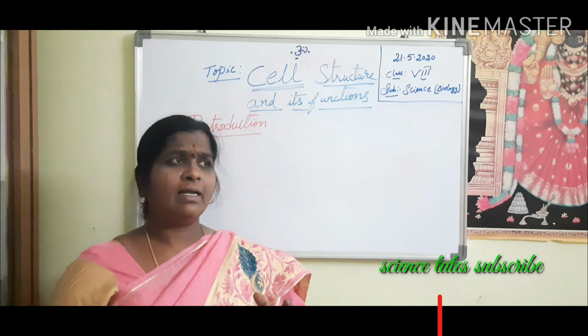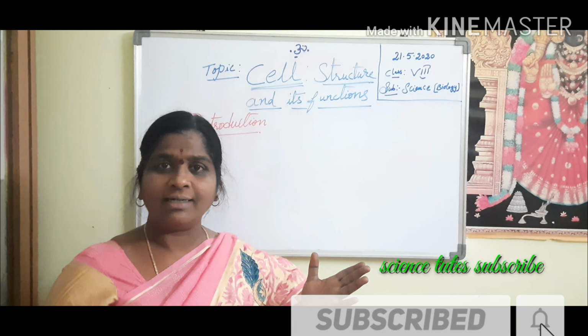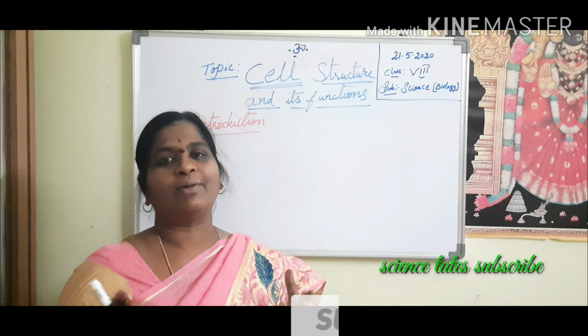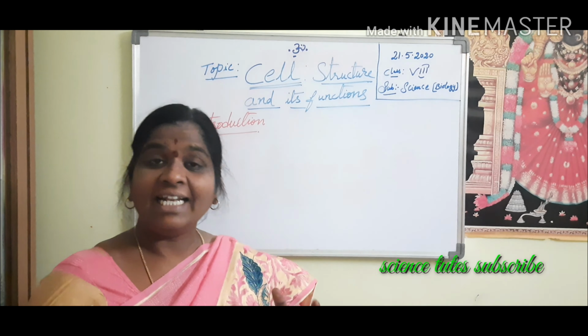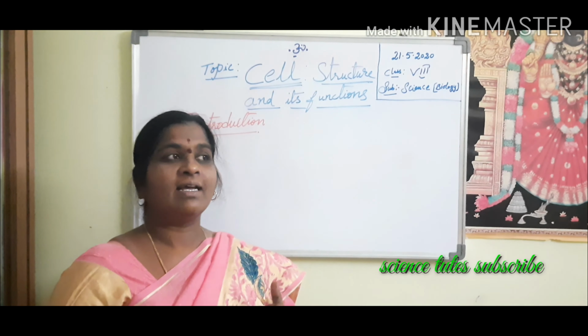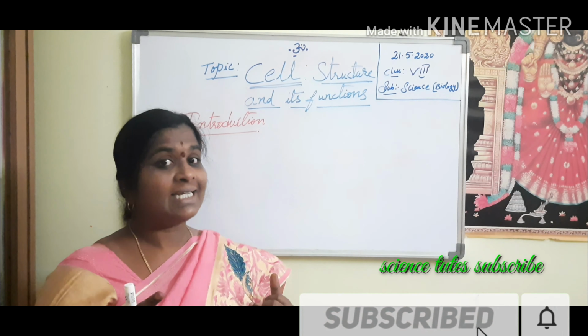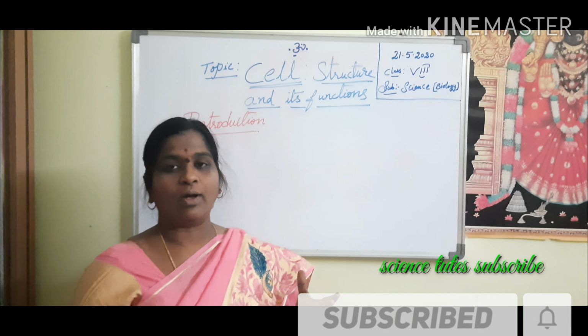See, we see millions of things around us in this world. Some are living and some are non-living things. Living things include living organisms like human beings, animals, birds, insects, and so on.